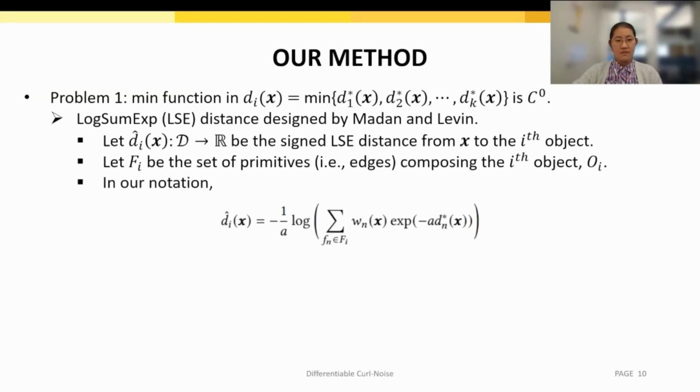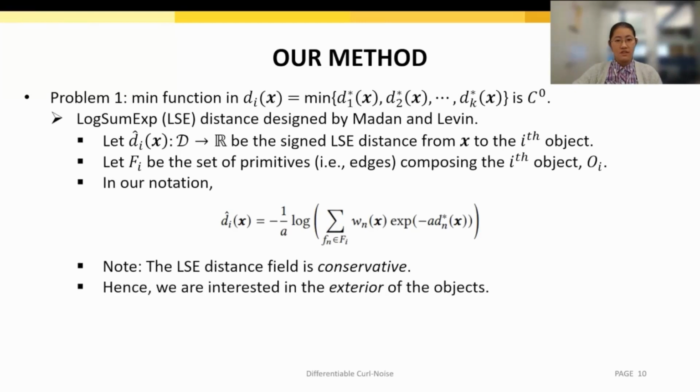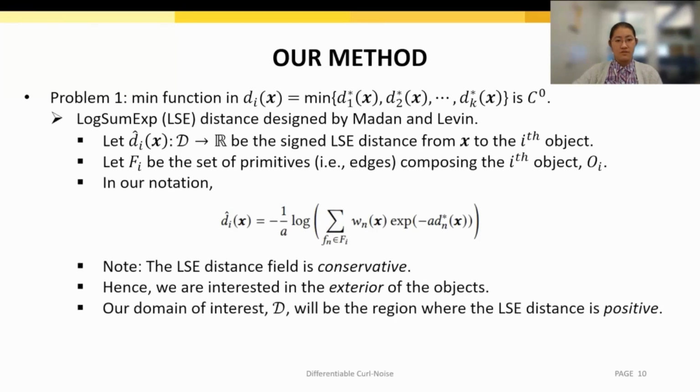We write Maida and Levine's LSE distance in our notation, which is the formula in the middle of the screen. Notice that the LSE distance field is conservative, and hence we are only interested in the exterior of the objects. Thus, our domain of interest D will be the region where the LSE distance is strictly positive.